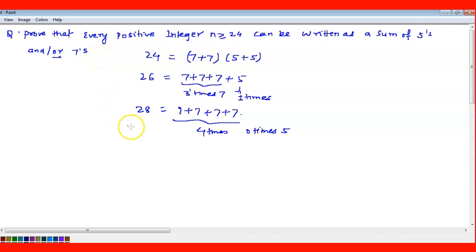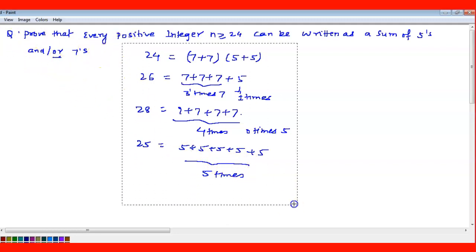Like 25 is given. 25 you can write as 5 plus 5 plus 5 plus 5 plus 5, which does not require any 7 here. So 5 times 5 only. So any number greater than 24 we can express in terms of 5s or 7s.